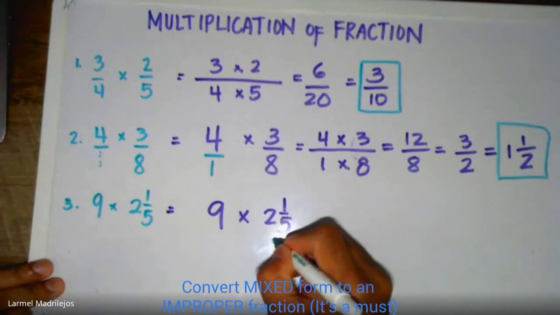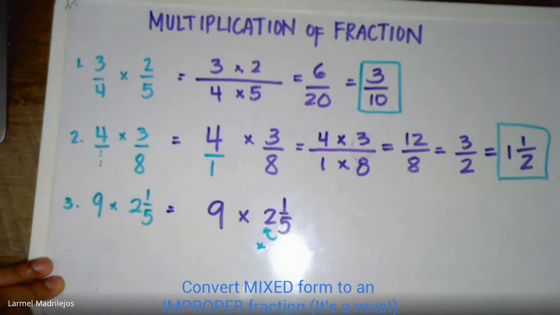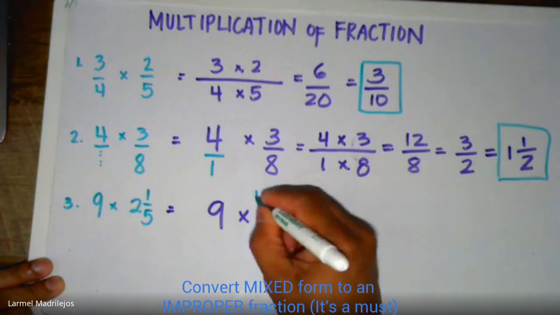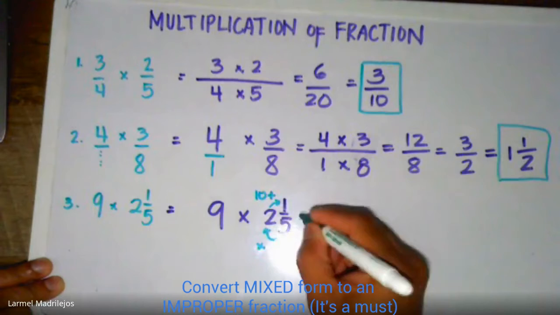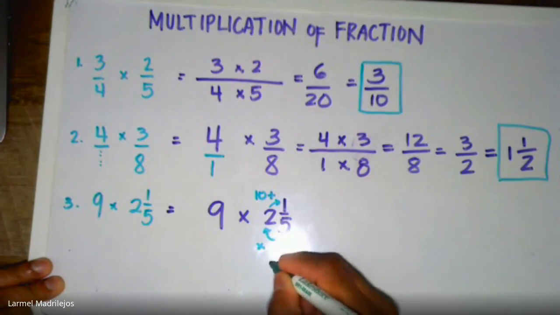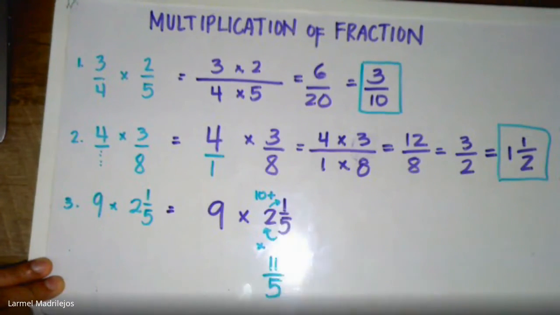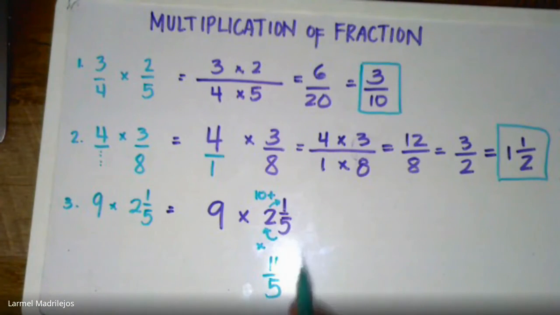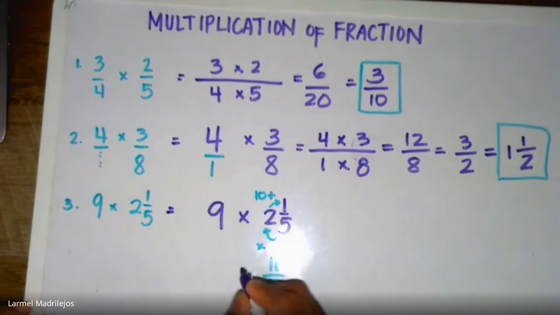I multiply 5 times 2, that makes 10, plus 1. That makes 11/5. Again, 5 times 2 is 10, plus 1 is 11/5. So the new fraction for 2 and 1/5 is 11/5.